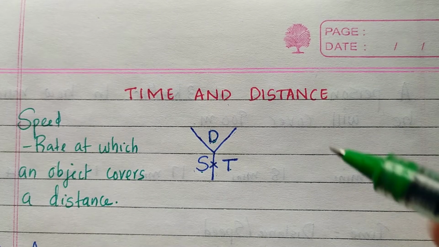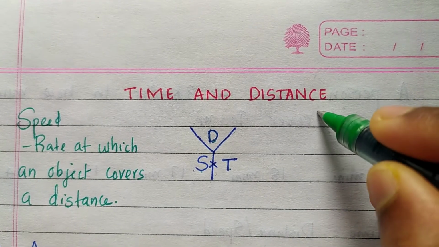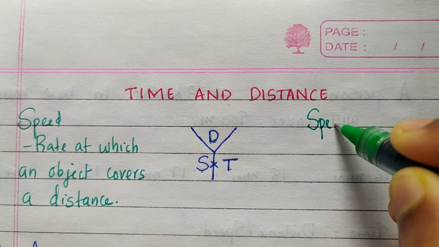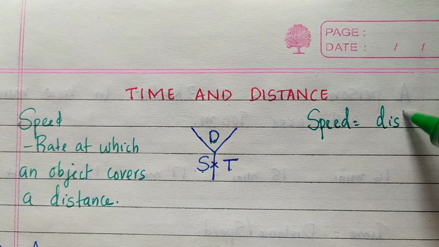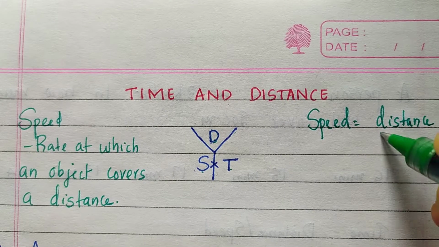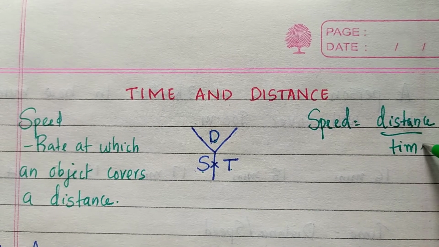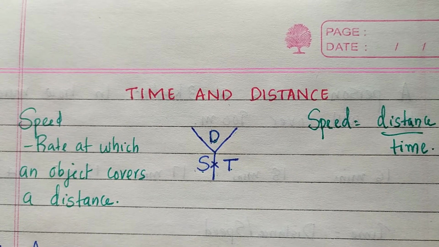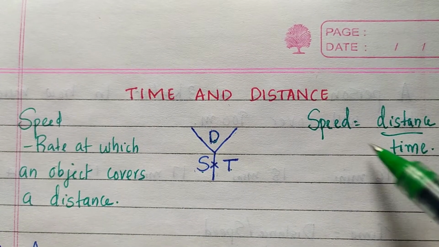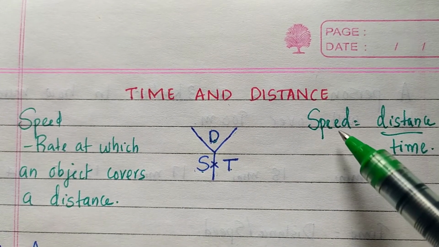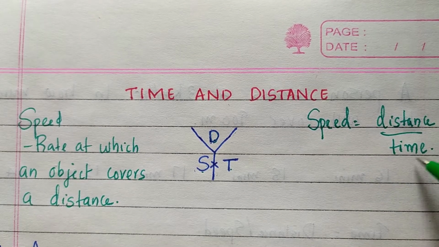So let us learn the formula for speed. What is speed? Speed is equal to distance divided by time. So time and speed are inversely proportional. If speed is less, time taken is more.